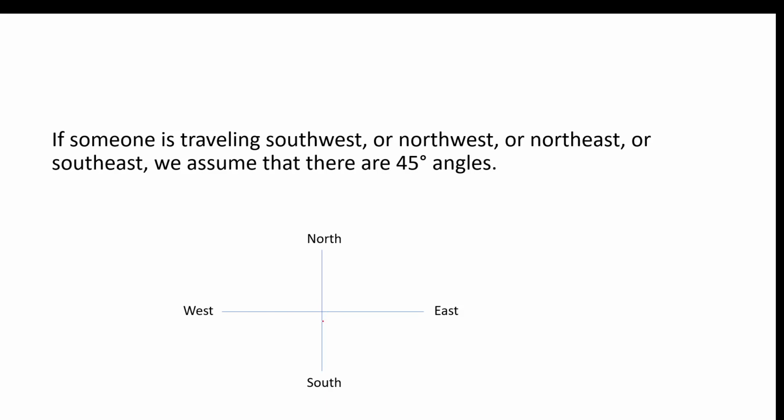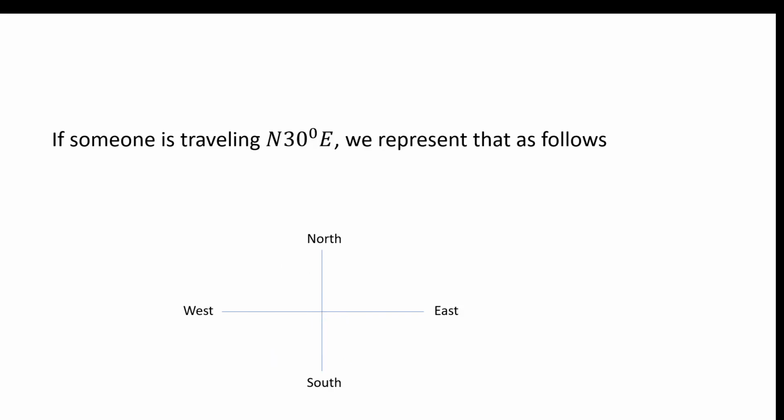So, for instance, someone traveling southwest, we would draw a 45-degree angle here and here. And that's true regardless of which one of those four directions you're going. It's always 45-degree angles in those situations.